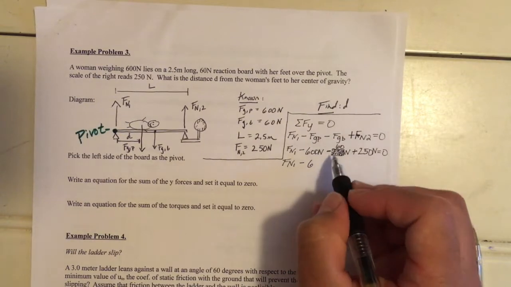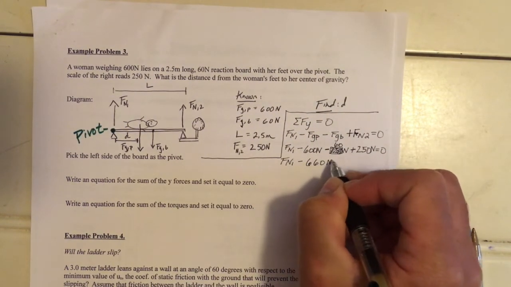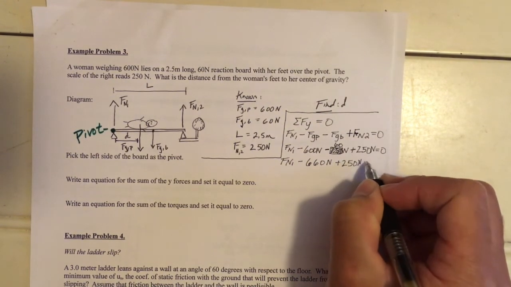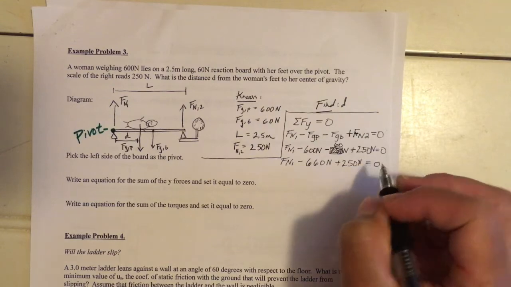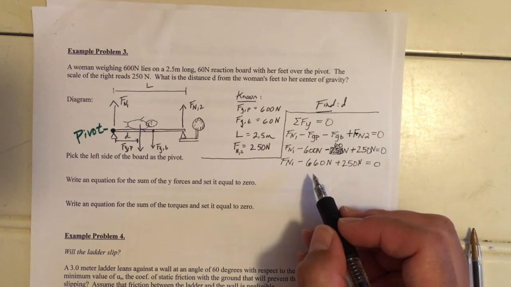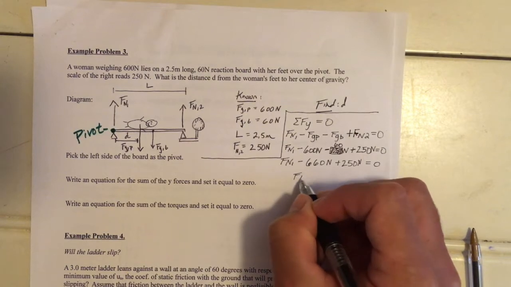So minus, I'm just going to do this one in my head really quick. 60 plus 250. Can I do this in my head? I think I can. What would this be? This would be negative 410. That looks right. All right, so negative 410.